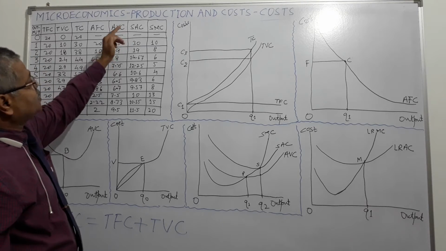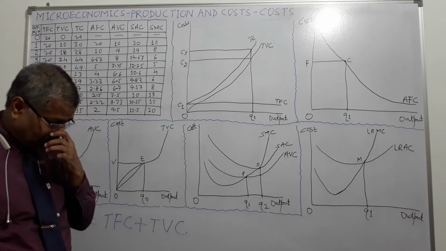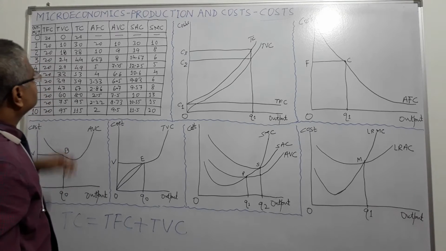Now you go to short run average cost. What is it? Short run average cost is total cost divided by units produced.